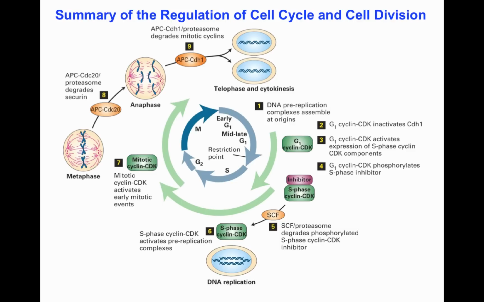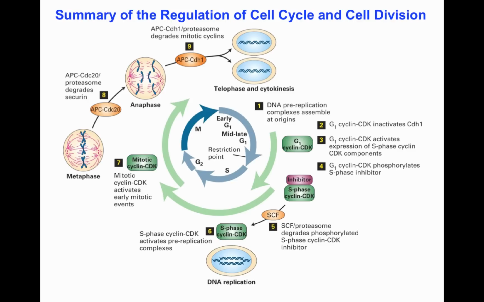You have activation of different cyclin-CDKs that are going to allow the cell to go through the G1 stage of the cell cycle. Eventually, you have DNA replication in the S phase by the activation of S phase CDK that will mediate the duplication of DNA.